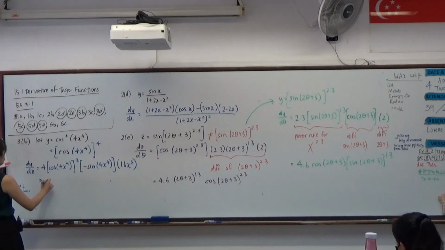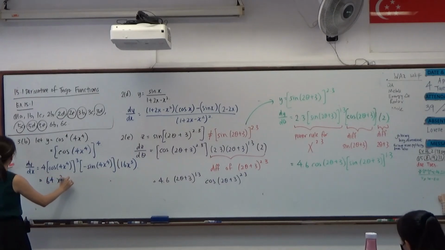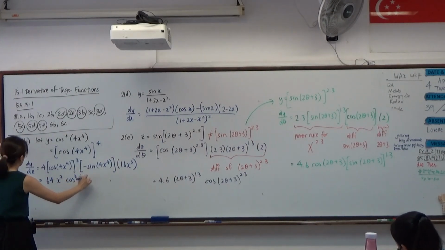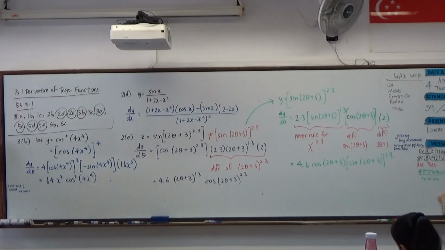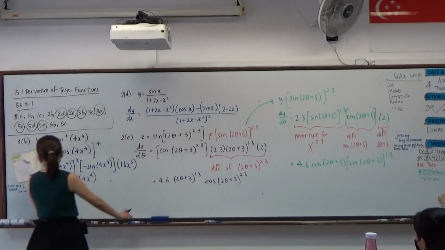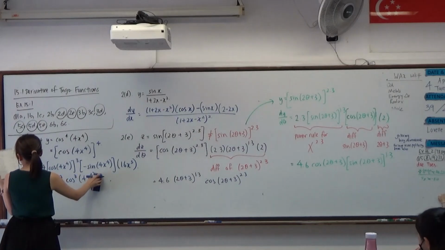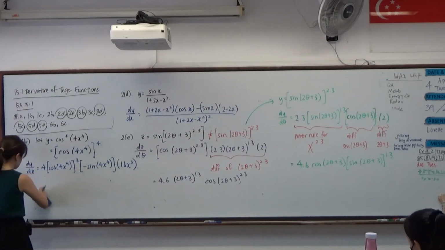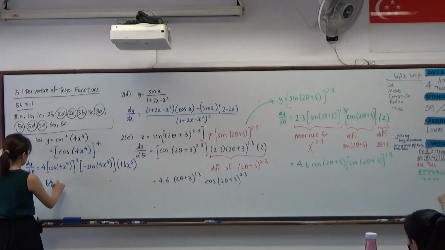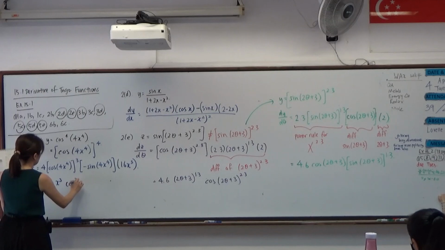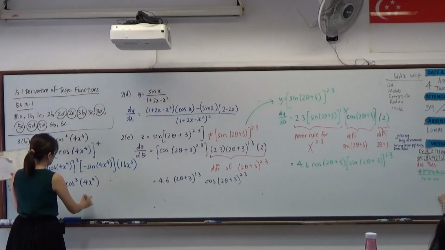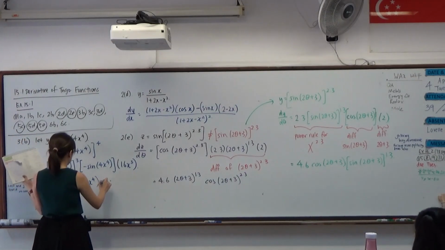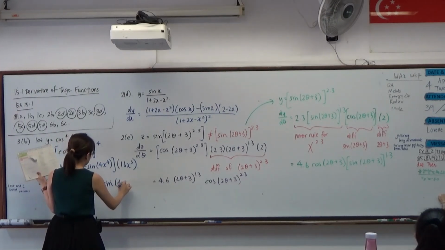We would get 64x cubed cosine cubed 4x to the power of 4 negative sine 4x to the power of 4.